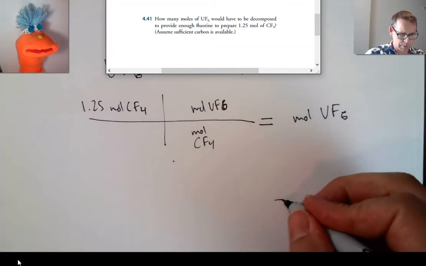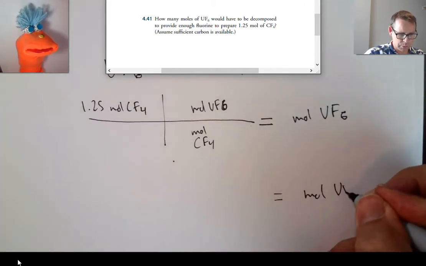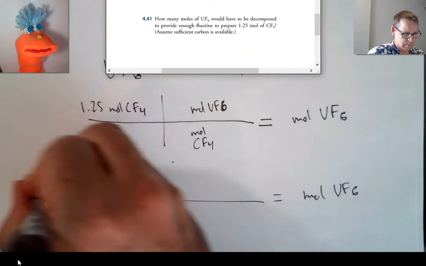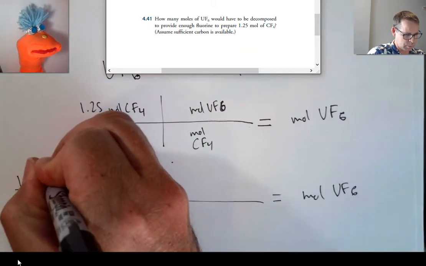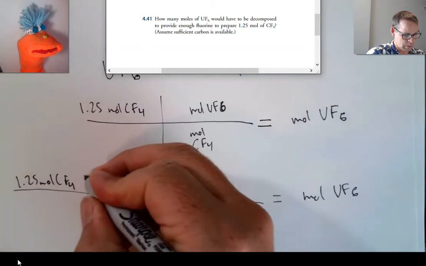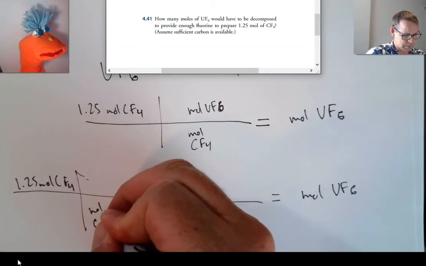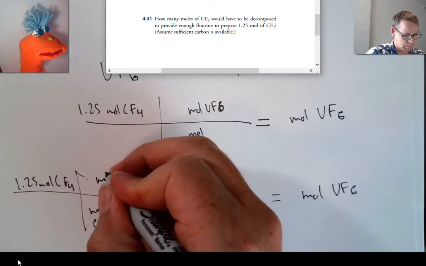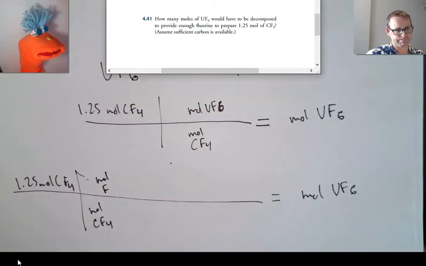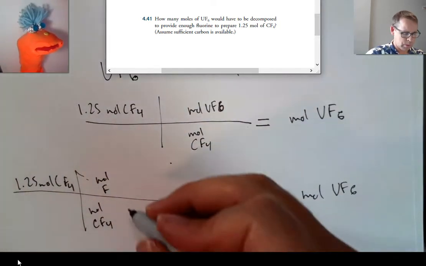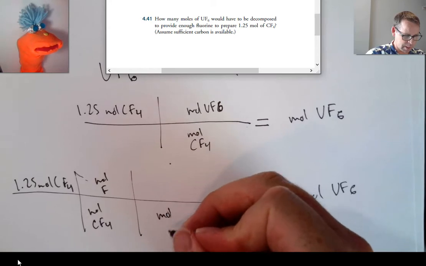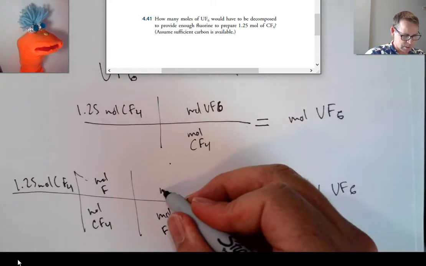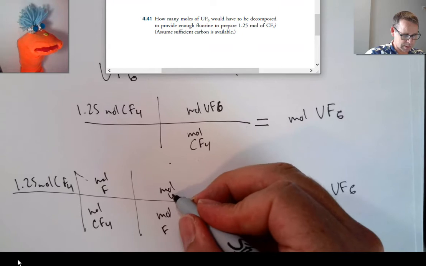Well, maybe if we do it this way, maybe if we take moles of UF6, 1.25 moles of CF4, and maybe if we go from moles of CF4 to moles of F. Why would we do that? Well, because then we can identify how many moles of F are necessary to get moles of UF6.